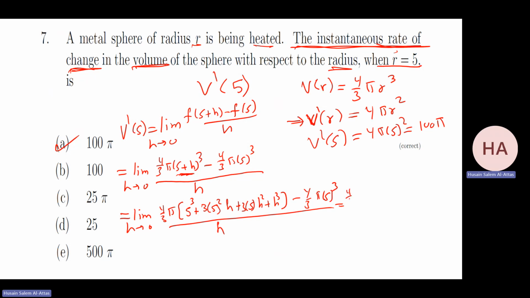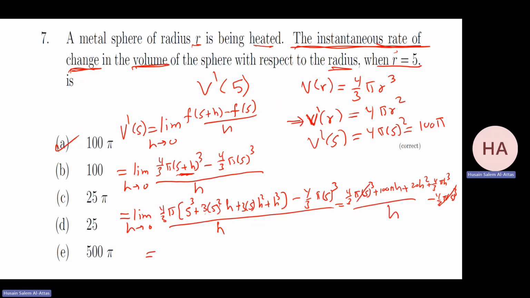That will be what? 4 over 3 pi 5 cubed, this cancelled, plus 100 pi h, correct? 3 cancelled with 3, 4 times 5 squared, okay. Plus 3 cancelled with 3, 20 pi h squared, plus 4 over 3 pi h cubed, minus 4 over 3 pi 5 cubed, which is cancelled with this, all over h.